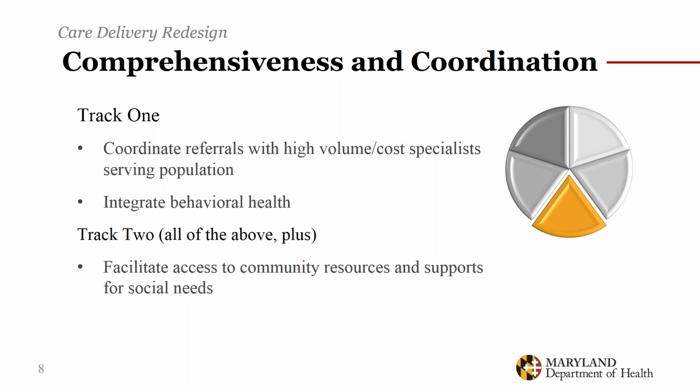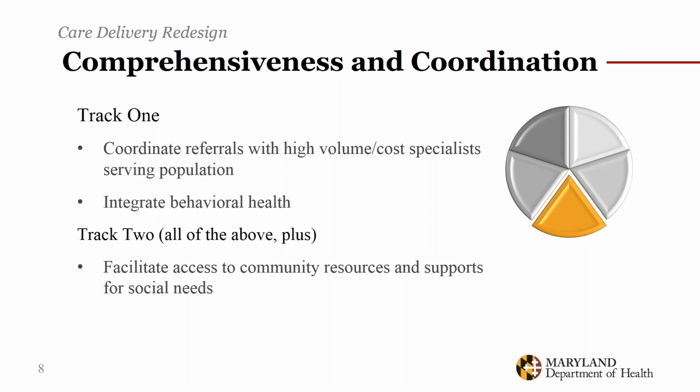Meaning you would use some sort of algorithm or methodology, whether it's on paper or electronic through the EHR, to put your patients into different strata, and then use that to target how you provide care management. The expectation, particularly thinking about care transitions, is providing short or long-term care management depending on the needs of the patient, and timely follow-up after patient hospitalizations or ED visits.